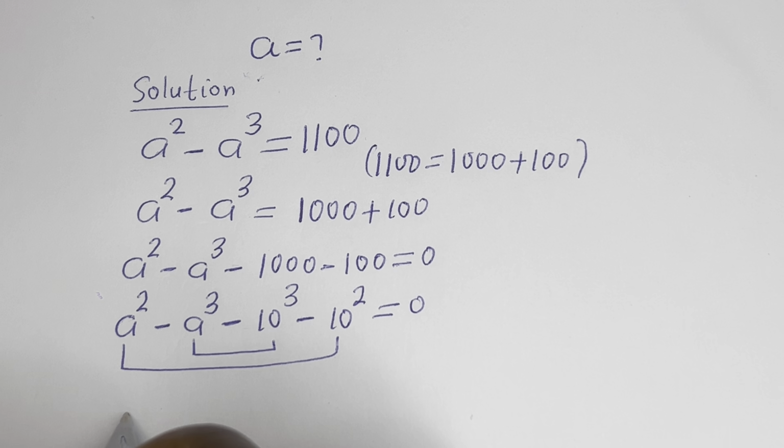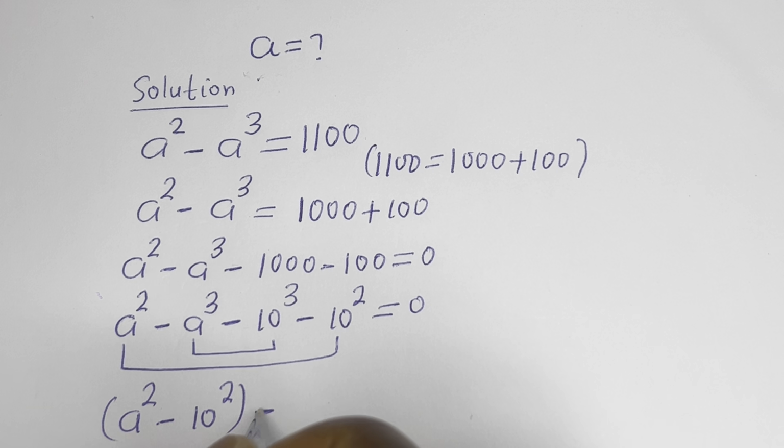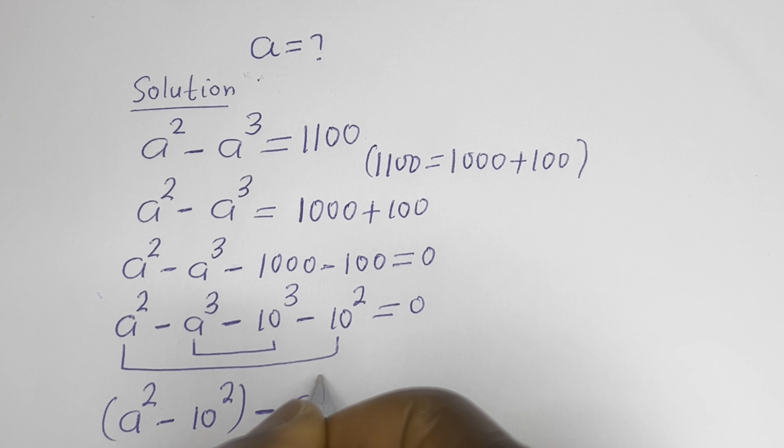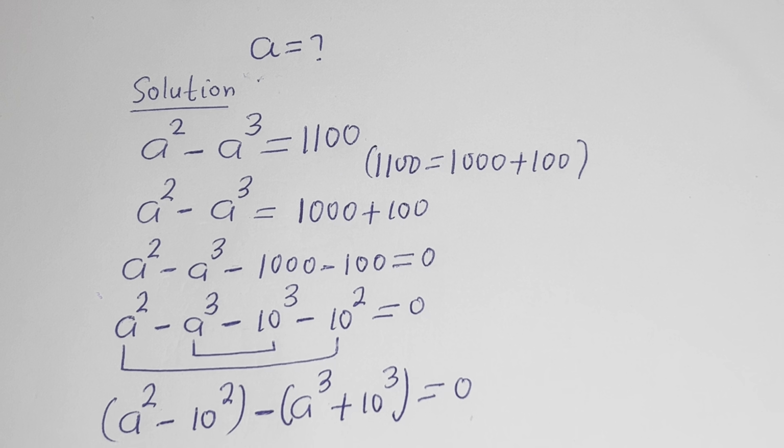We have a squared minus 10 squared, then minus a to the power of 3, then plus 10 to the power of 3 is equal to 0.